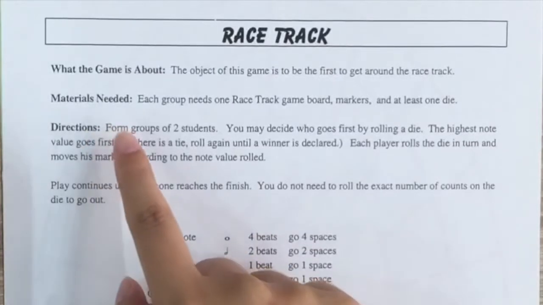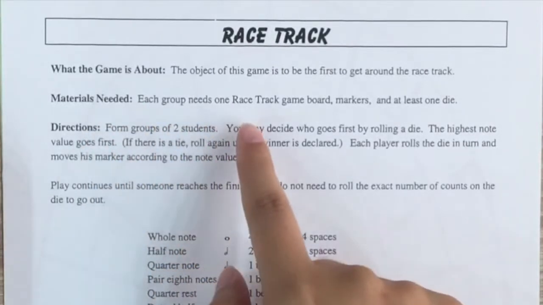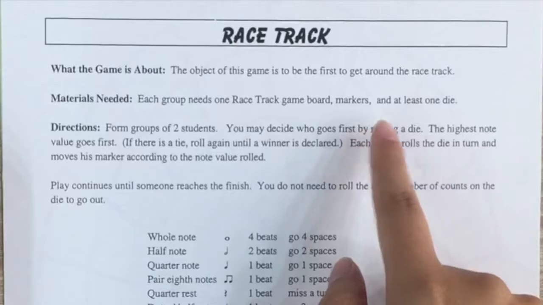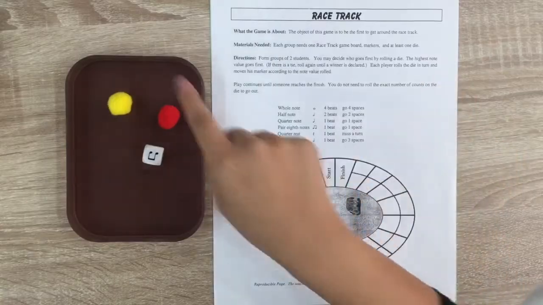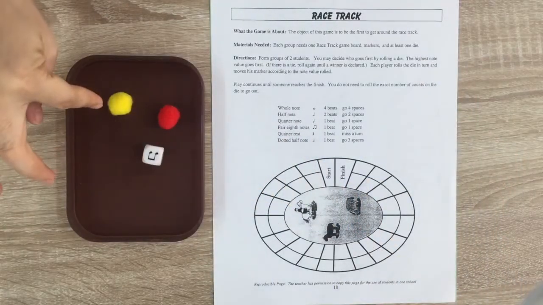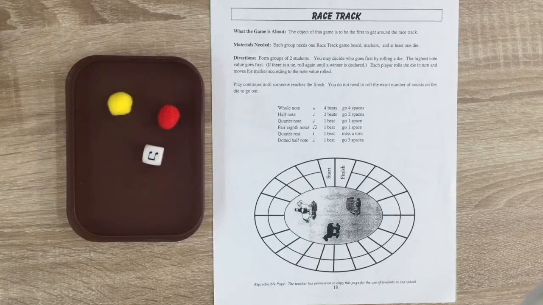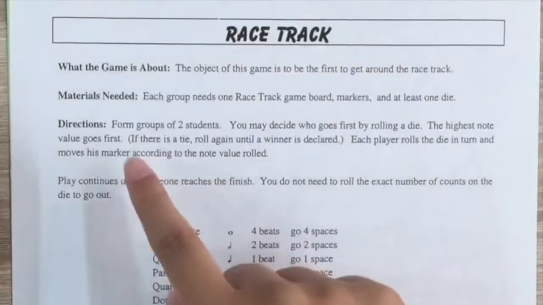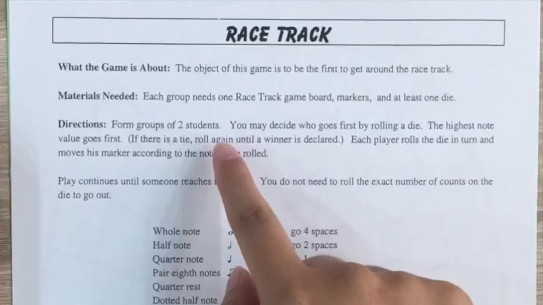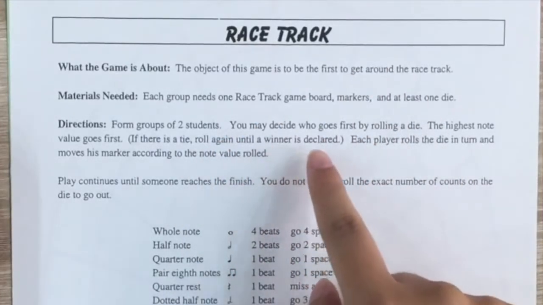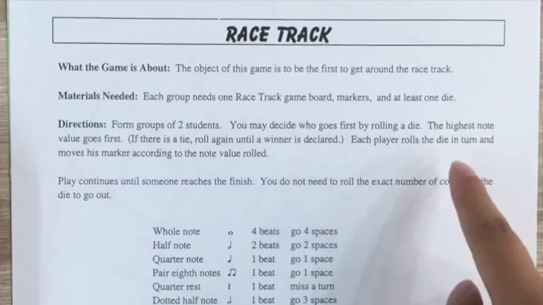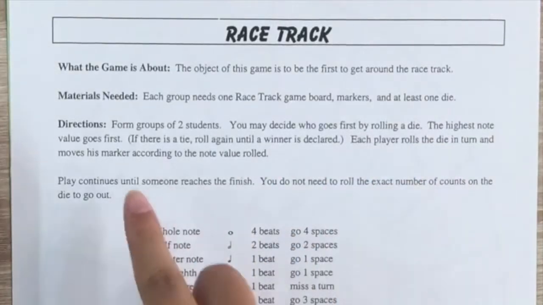Each group needs 1 racetrack game board, markers, and at least 1 die, which is what we have here. Our markers will be the pom-poms that we chose. You're supposed to form groups of 2 students. You may decide who goes first by rolling a die. The highest note value goes first.